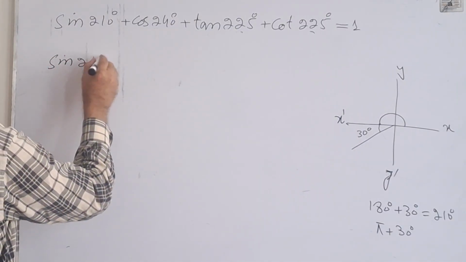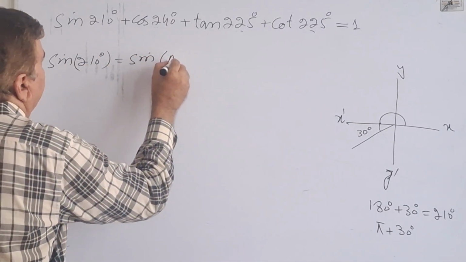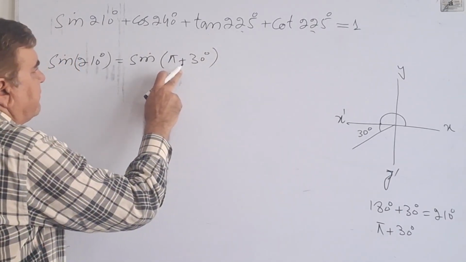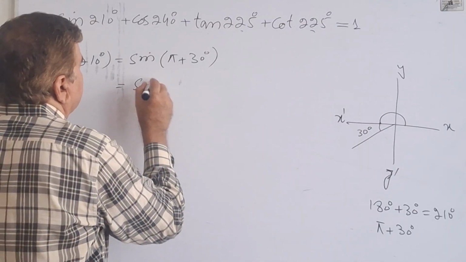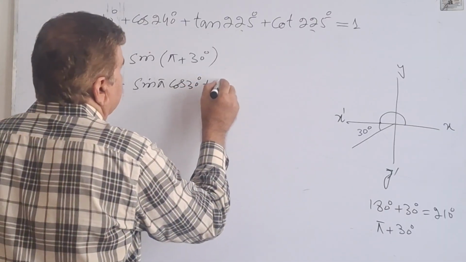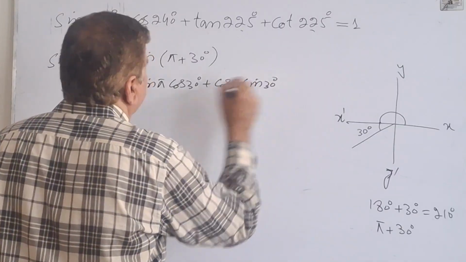sine 210 degrees equals sine of pi plus 30 degrees, and using the addition formula I can write this as sine pi cos 30 degrees plus cos pi sine 30 degrees.